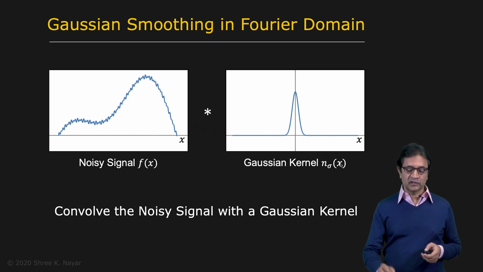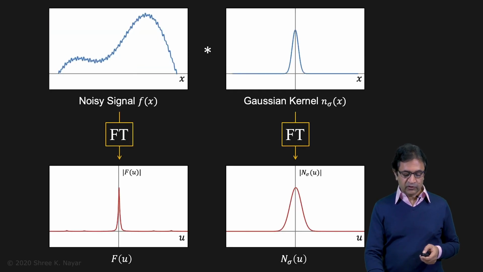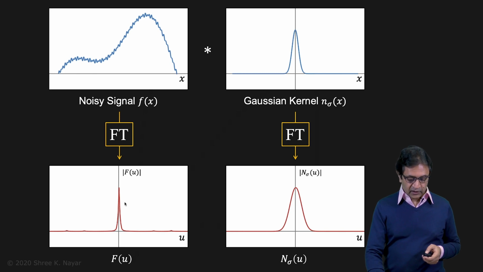Alternatively, you can do all of this in frequency domain using the convolution theorem. And for that, what you do is you first take the Fourier transform of the signal f, you get f of u, take the Fourier transform of the Gaussian kernel, and you get this. And you can see here that the signal that you're interested in is really this one right here in frequency domain.